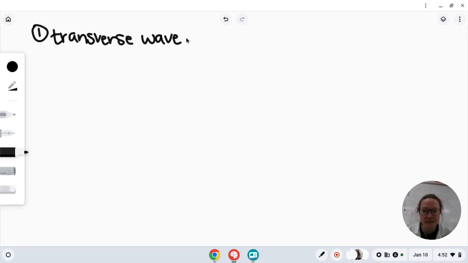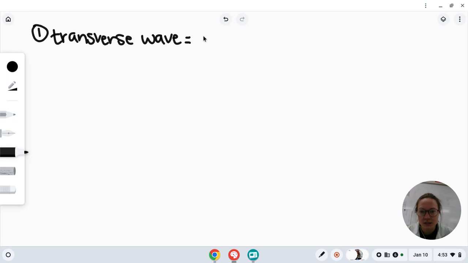But first, a definition of a transverse wave. A transverse wave is a wave in which the motion of the medium is perpendicular to the direction of propagation. I'll write that down, and then I'll say it one more time as I write it down.